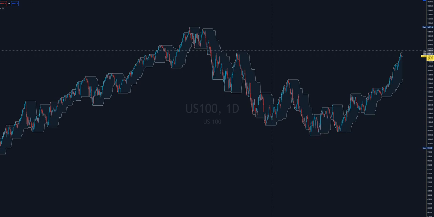This trading system is very comfortable for trend followers as well as day traders. Day traders, for example, can identify a trending period of the market. Let's say, for example, in this era, as you can see, we had a breakout and the market rallied until this point.